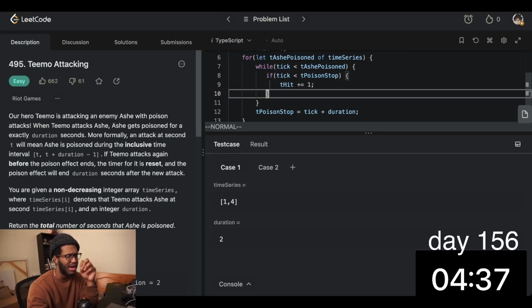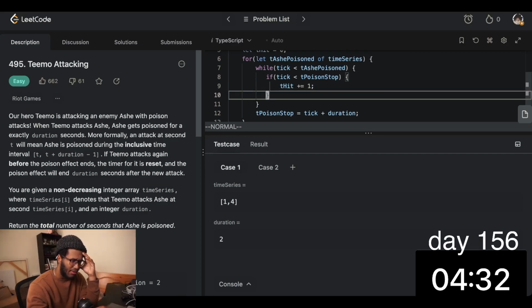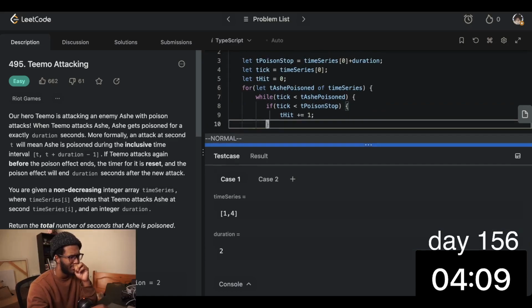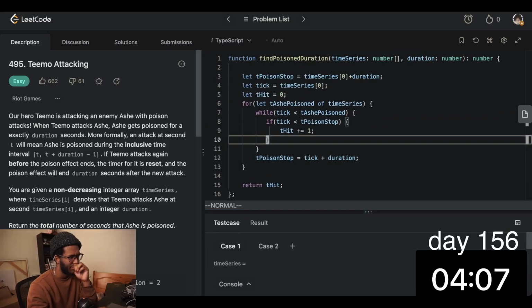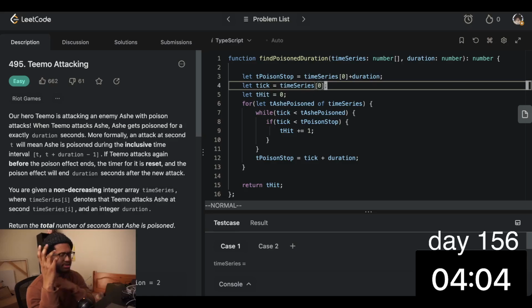I wonder about this in such a convoluted way. I should have just written the outer tick function: for let T hash poisoned of time series. Also, I never looked at the examples for some reason because I was trying to make it harder. But while tick is less than hash poisoned, tick starts at whatever the default when hash is hit.